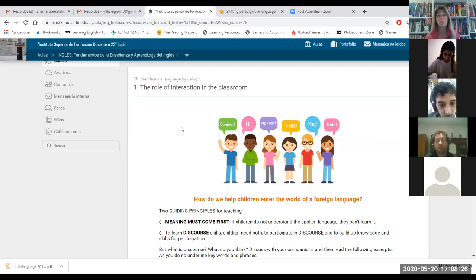That is talking about the language. There is strong evidence that children, adolescents, adults, we learn a language by using it, okay? So this is something that we need to remember all through the year.